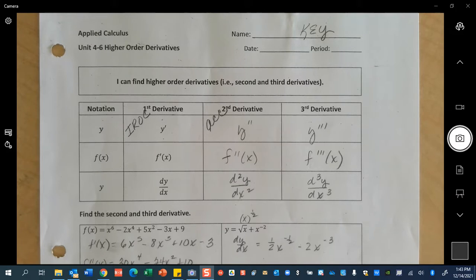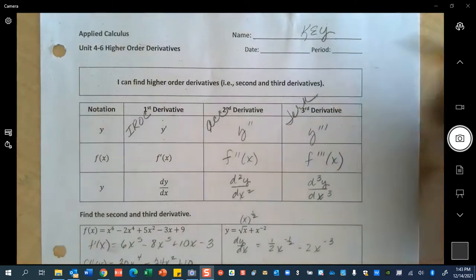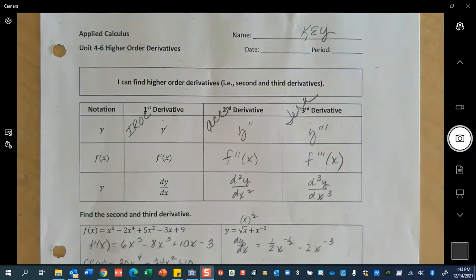So if I have something changing, that's my instantaneous rate of change. But then when I'm talking about how quickly my derivative is changing, I'm looking at my acceleration. And then my third derivative is called jerk. Not kidding. So your third derivative is referred to as jerk.